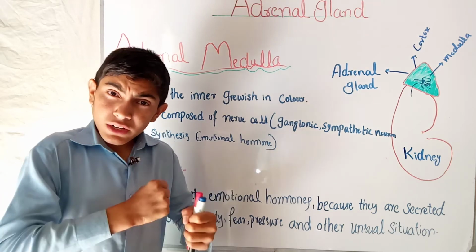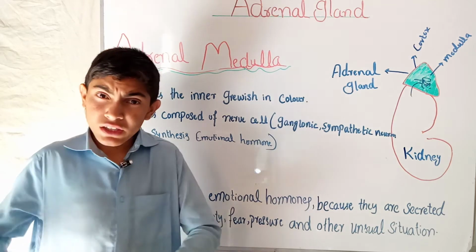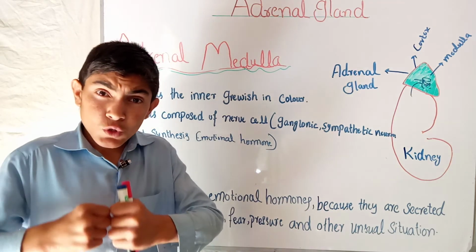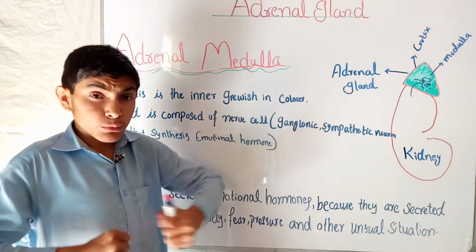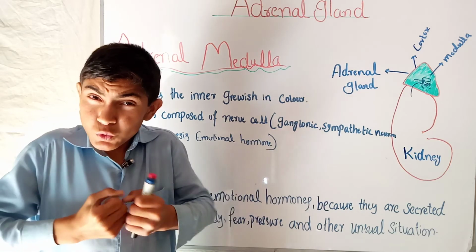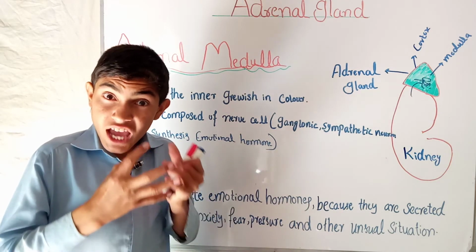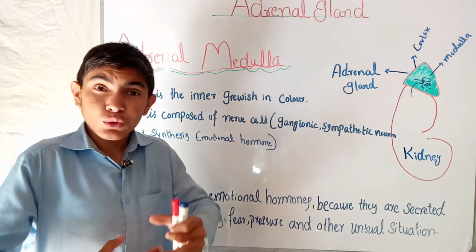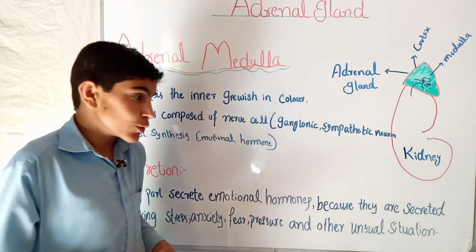If we feel fear during night time, pressure from someone, or anxiety from something, all these are controlled by our adrenal medulla, which secretes the emotional hormone to do something new. If we feel anger, it is also controlled by adrenal medulla secretion of the emotional hormone.